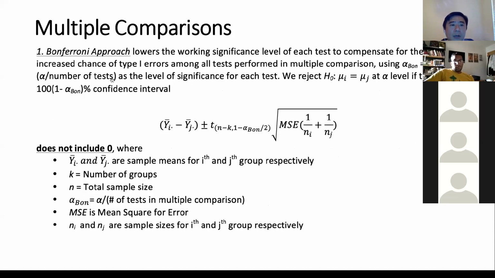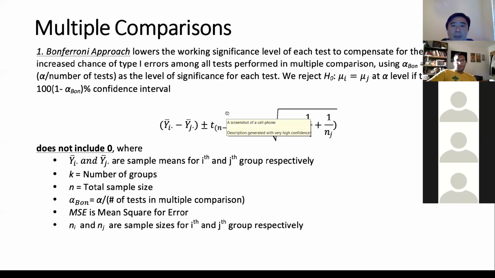And I talk about 3 different ways to do the multiple comparison. The Bonferroni is basically just for testing a specific group comparison. The way to do that is you will not change your test score. The way you change is the p-value you compare with.